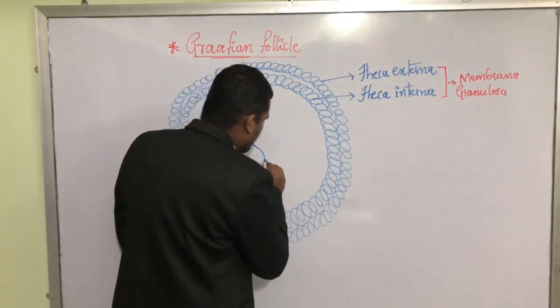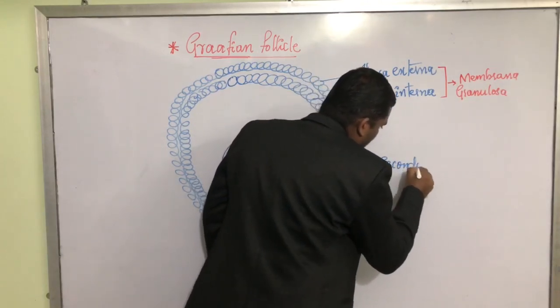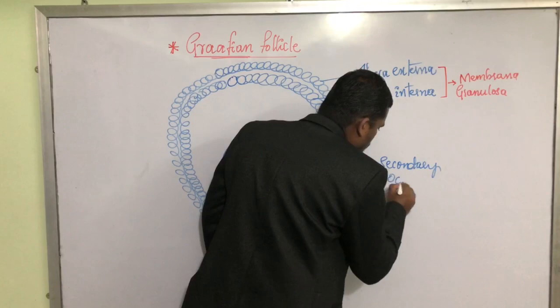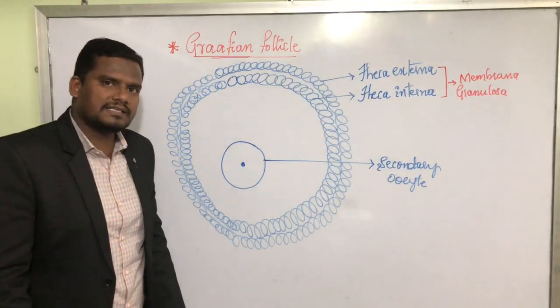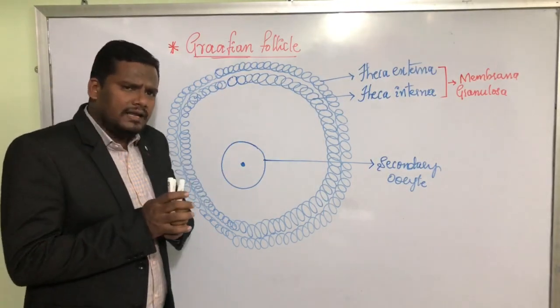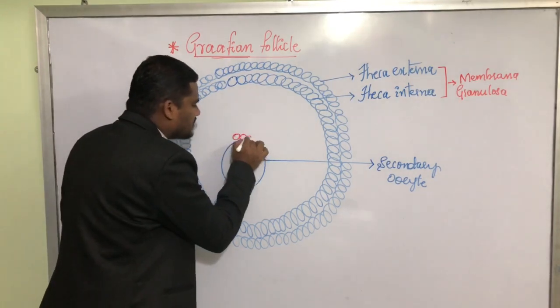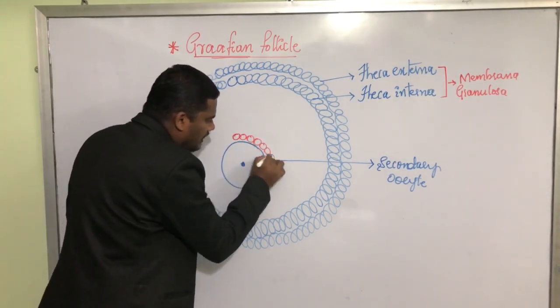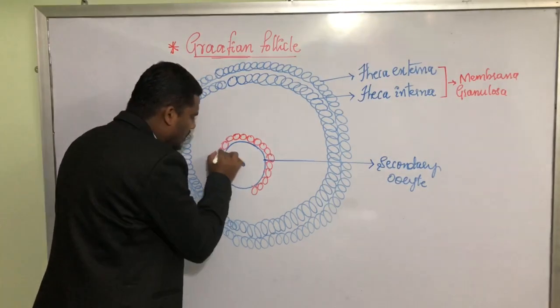This is the secondary oocyte. That means it is the future female gamete. This secondary oocyte is covered with some follicular cells. Some follicular cells surround this secondary oocyte.